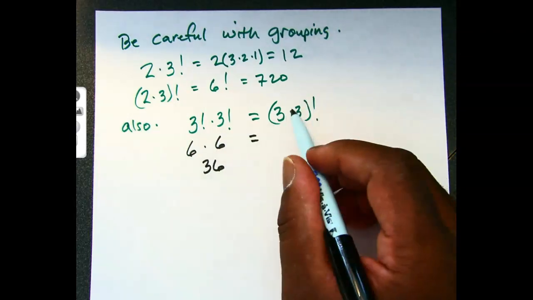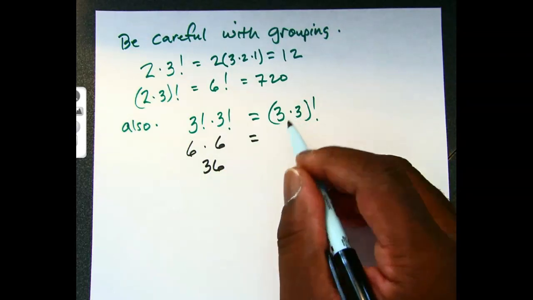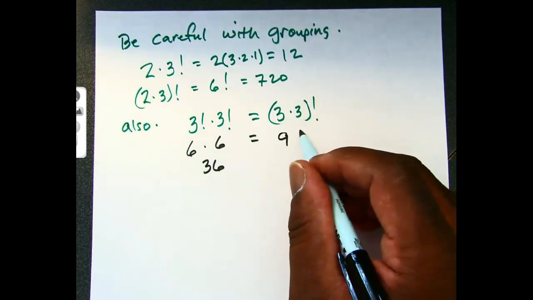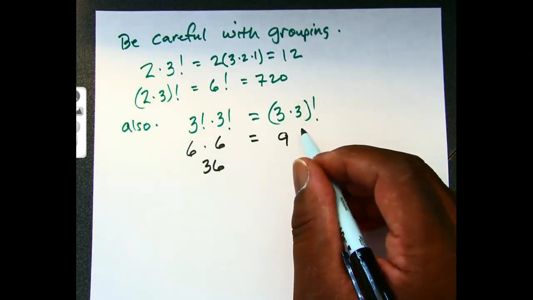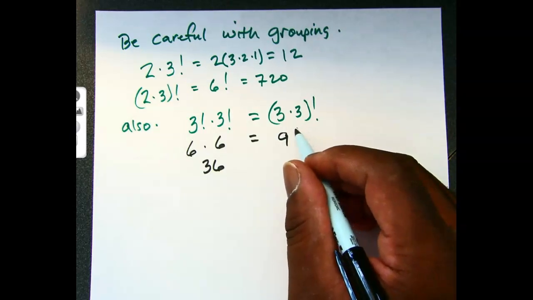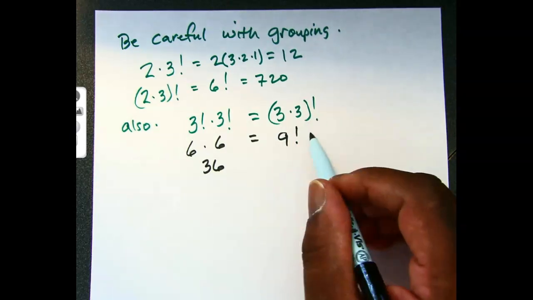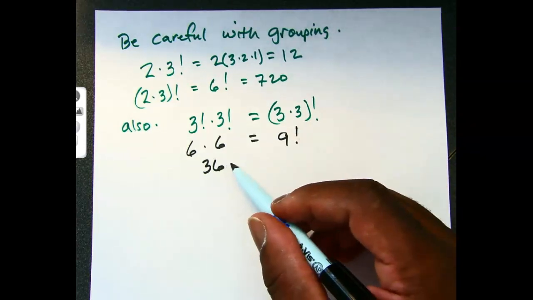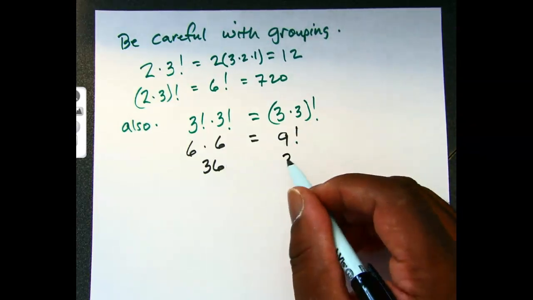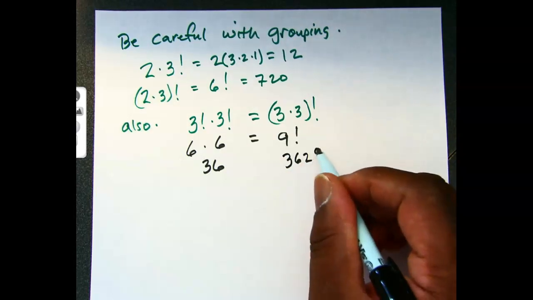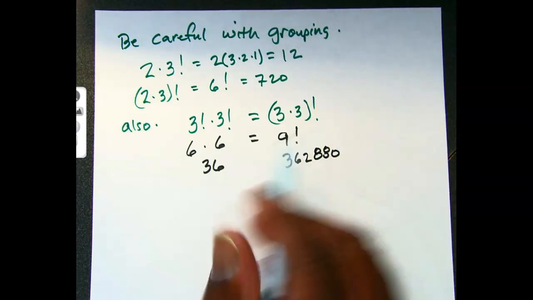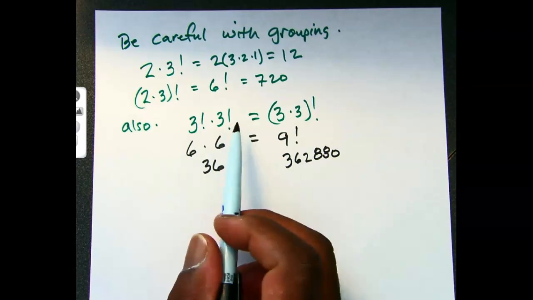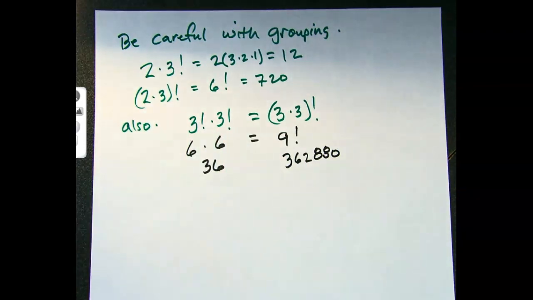Whereas here, we would do the parentheses first. 3 times 3 is 9. And 9 factorial would be 9 times 8 times 7 times 6. So we know there's no way that that's equal to 36. It's actually equal to 362,880. So no, this property does not hold.